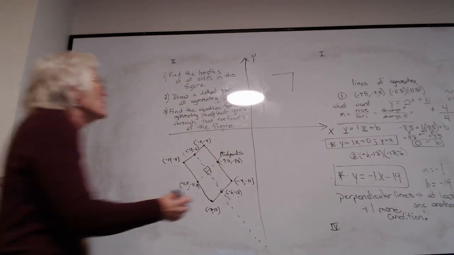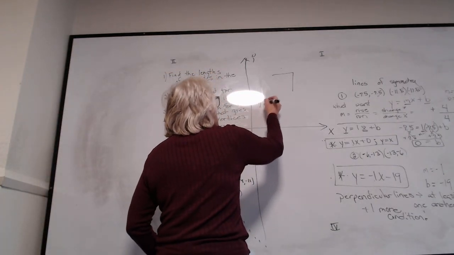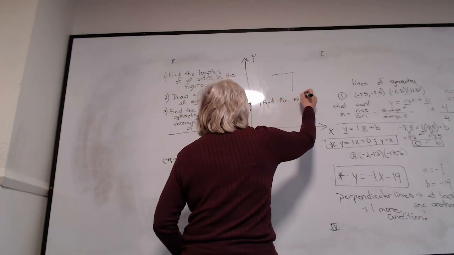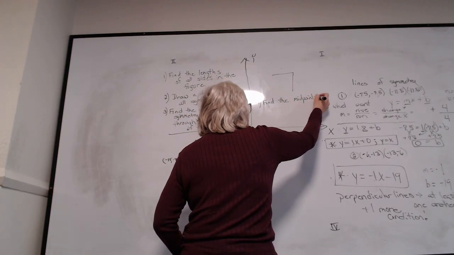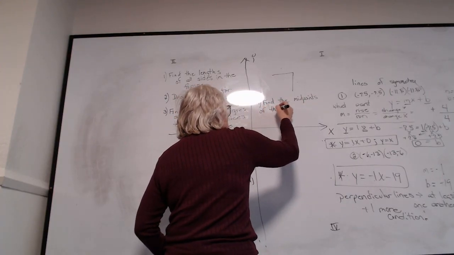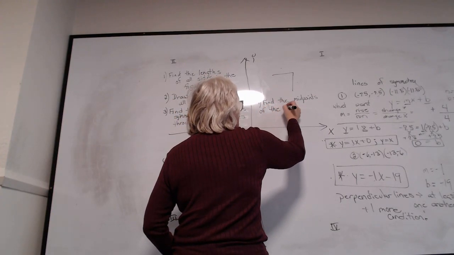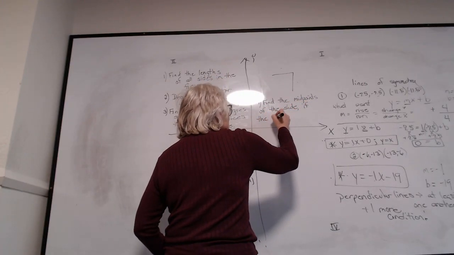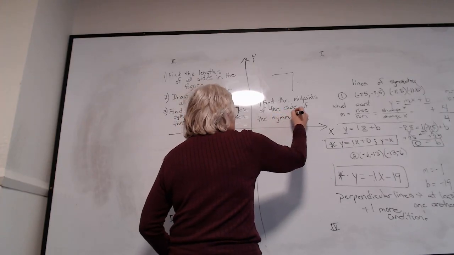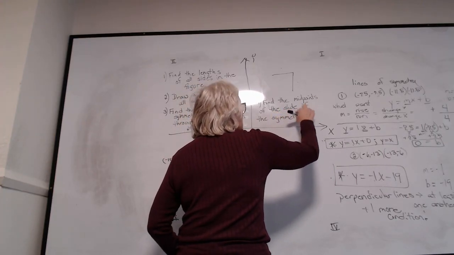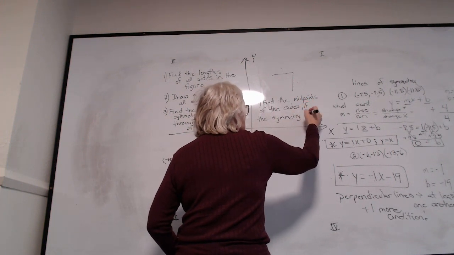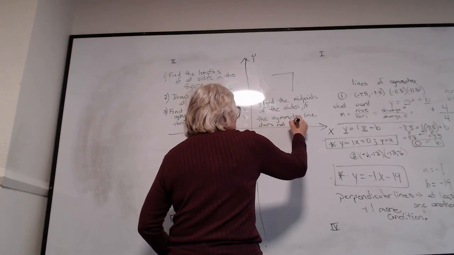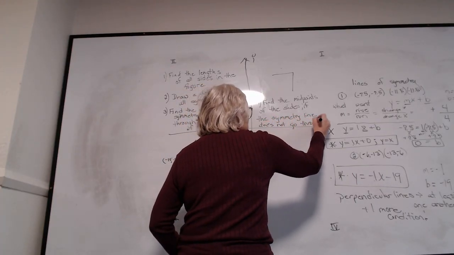Then step 4 is to find the midpoints of the sides, if the symmetry line does not go through a vertex.